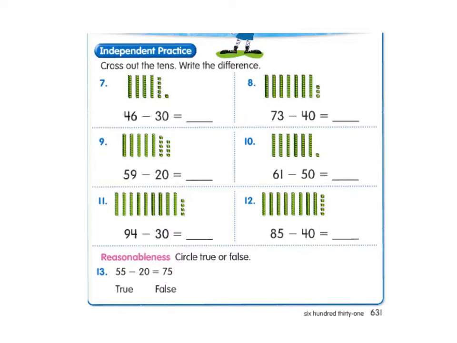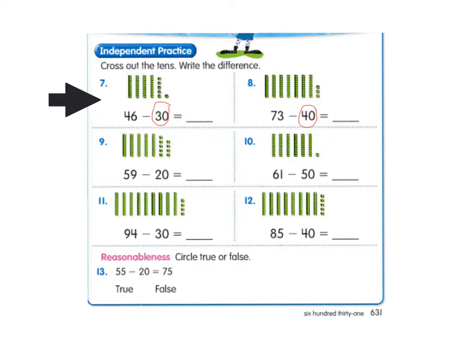All right, on the independent practice today, you are doing pretty much the same thing, except this time you have to pay close attention to the second number because it is your job to cross out that many cubes. So if I look at number 7, I see that 30 is the second number, so I need to cross out 30 cubes.